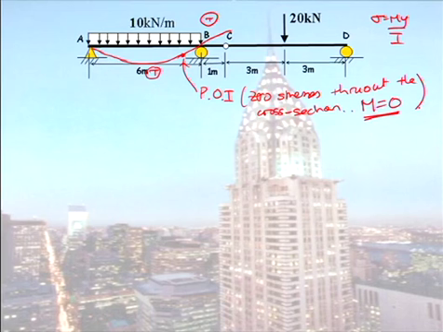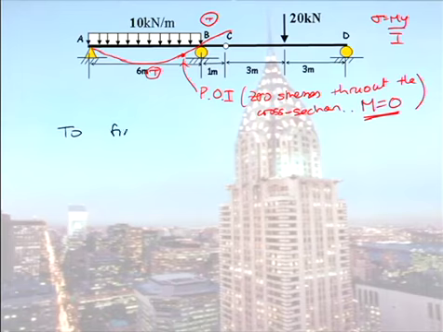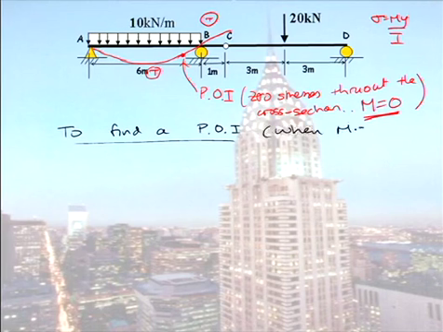So to find the point of inflection, which you may be asked to do, you need to find where your moment equals zero. Now we know our point of inflection is occurring between 0 and 6 metres under that UDL load.